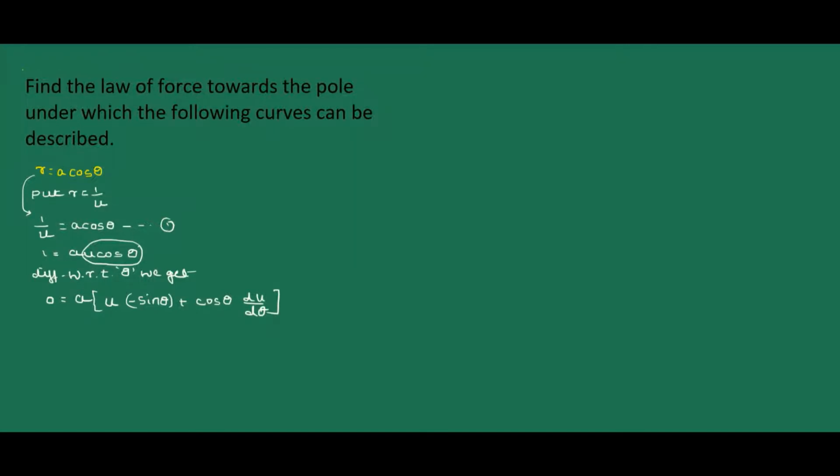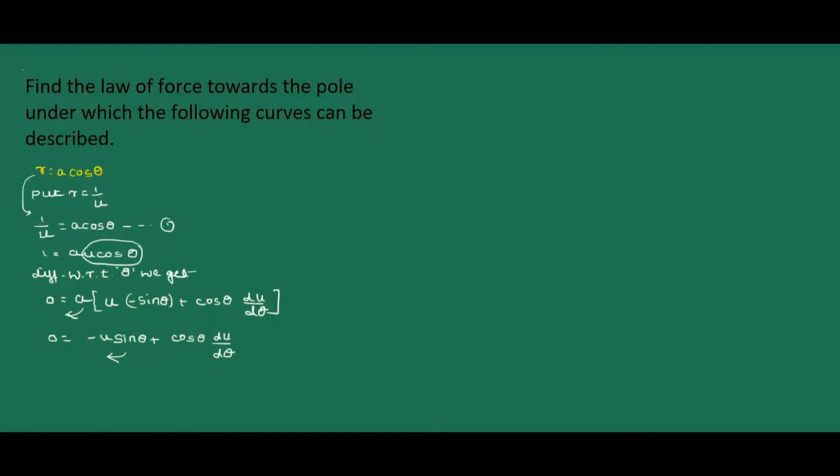Now transpose this a to the left hand side. So 0 is equal to minus u sin theta plus cos theta into du by d theta. By using this, find the value for du by d theta.